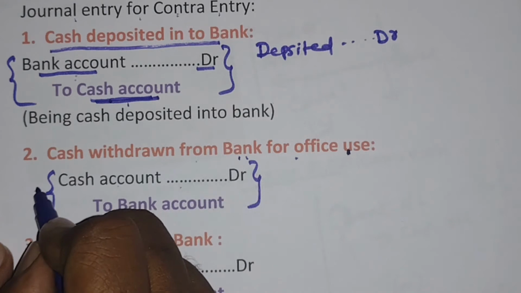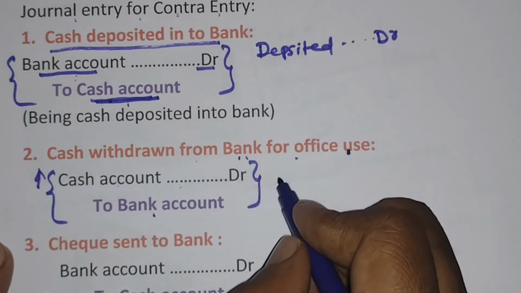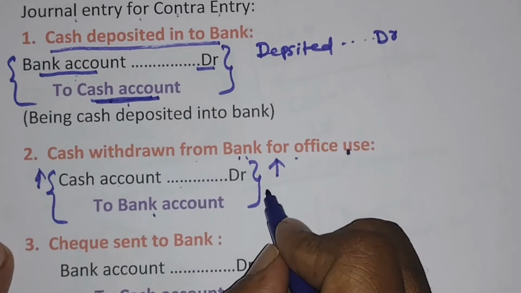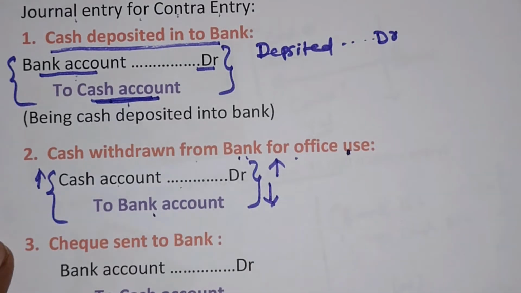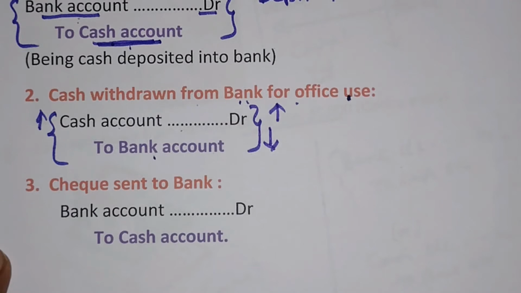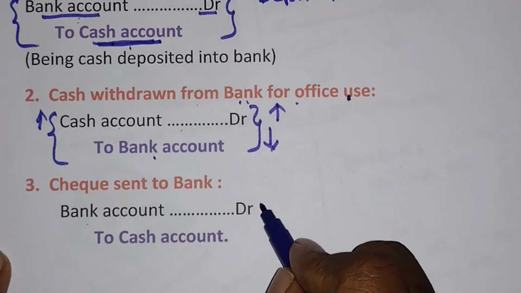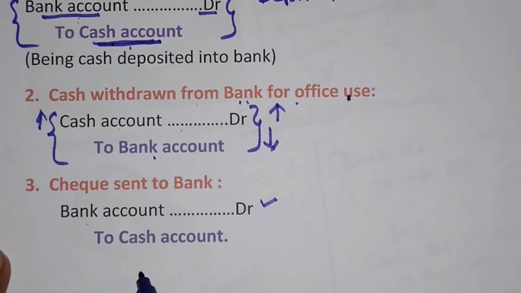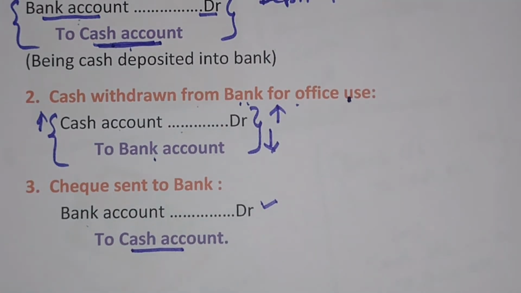That is, cash is coming into the business, cash increases in office and decreases in the bank. And the third one is check sent to bank. Bank account debit, in bank it is going to increase, in cash it is going to decrease. With the following examples, let us work out one simple problem.